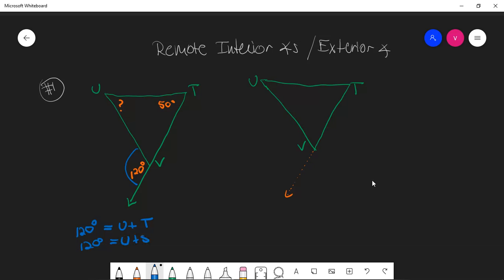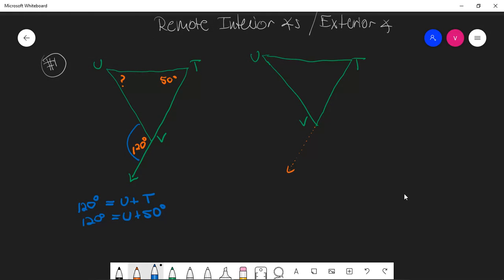And you know what T is. It is U plus 50. Okay, so now you just subtract 50 from both sides. This is making it actually harder than it is, right? This plus 50 equals 120. You probably can do it in your head already, right? U equals 70.